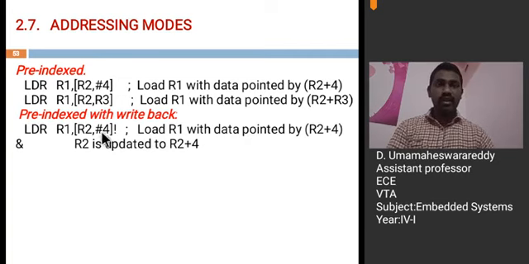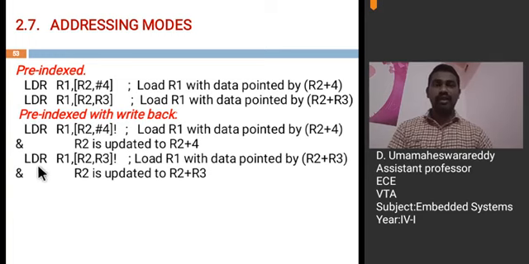It will add this offset to R2, then store the data present there into R1 as done previously. Then this R2 value is updated to R2 plus 4. That means this R2 value will be incremented by 4 thereafter. This type of addressing is called pre-indexed with write back addressing.